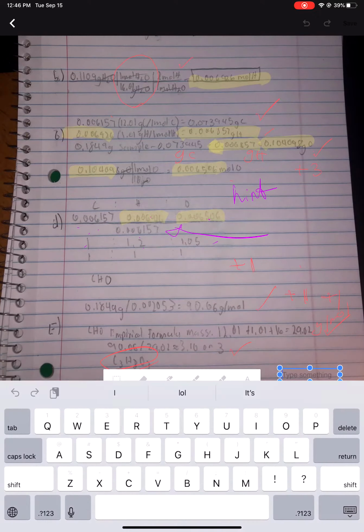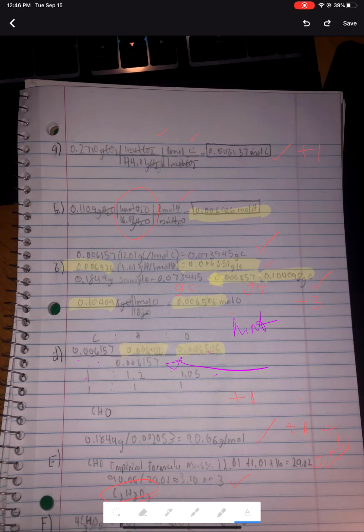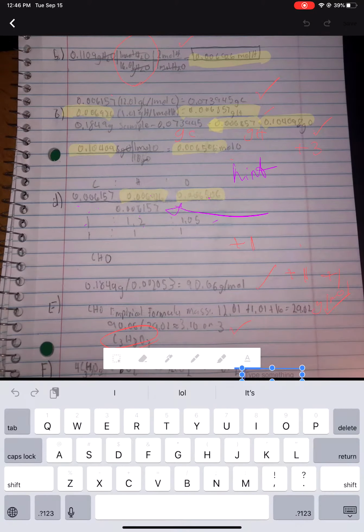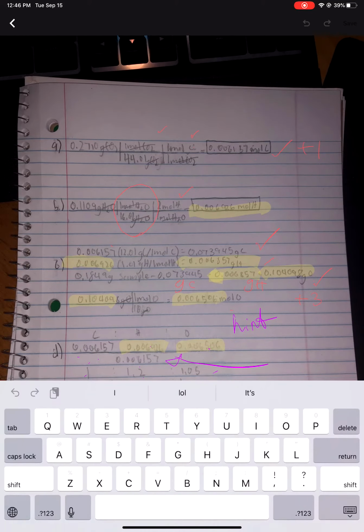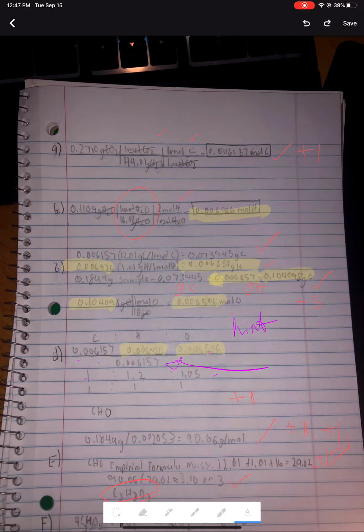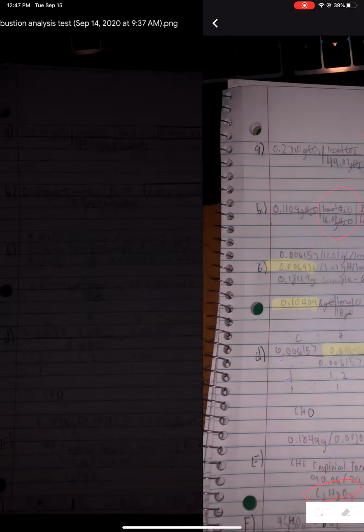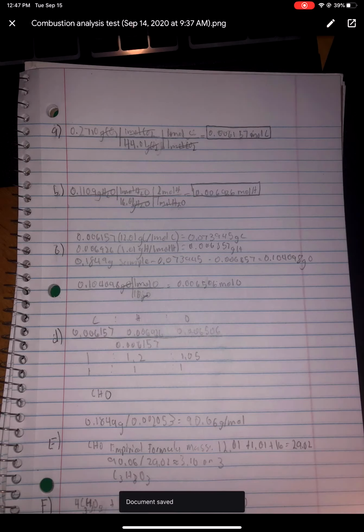Oh, wait, it moved. Let me get it to move up. Okay, I can move up. So I am going to just save this, and then maybe you will see without the handwritten part. Okay, document is saved. Okay, there you go. This is the one without the writing.